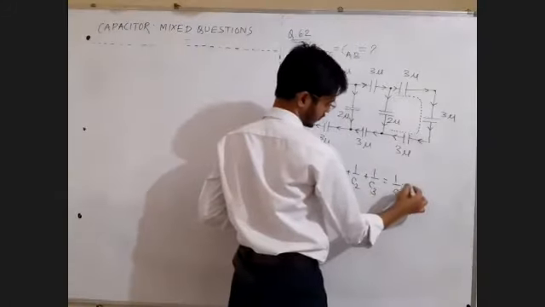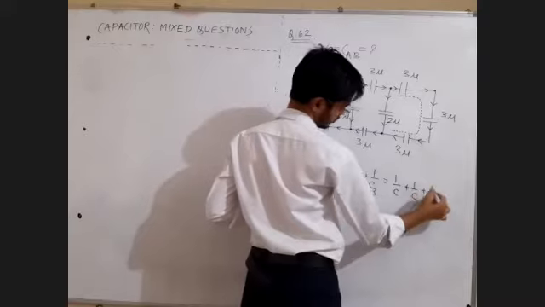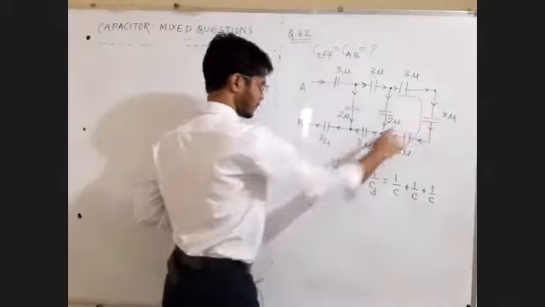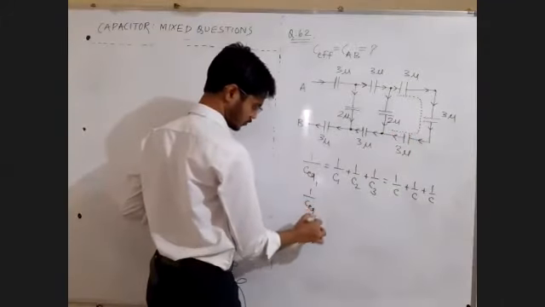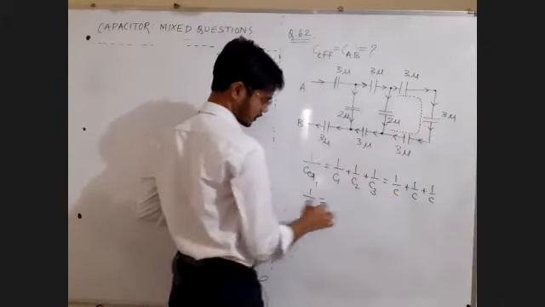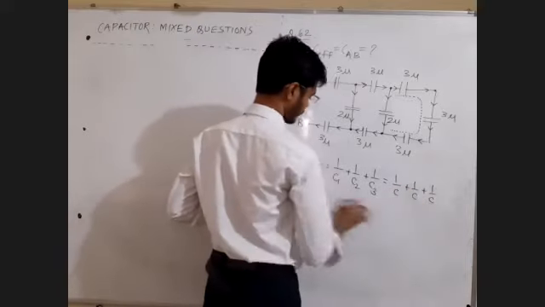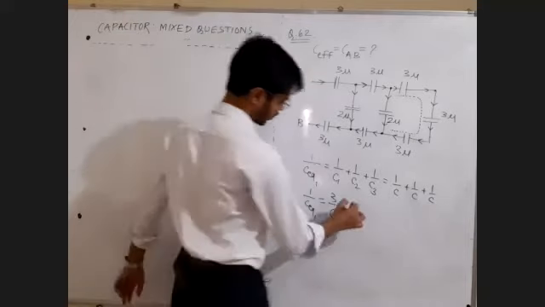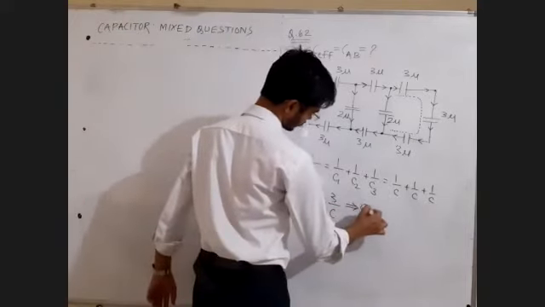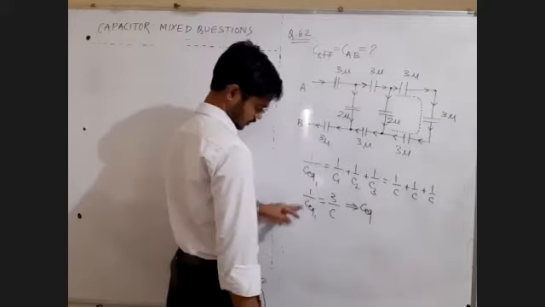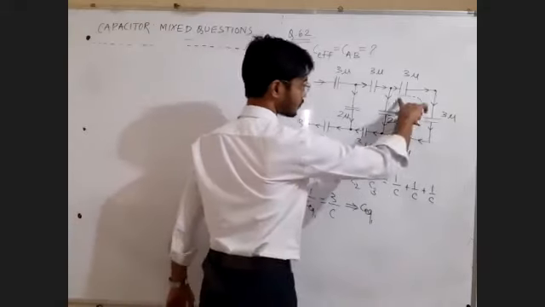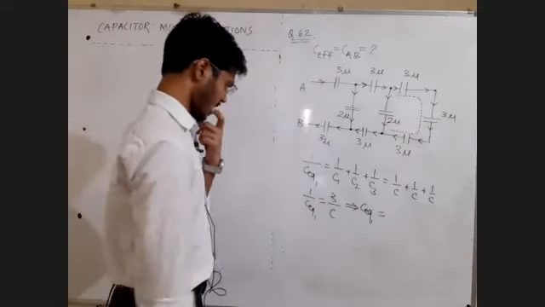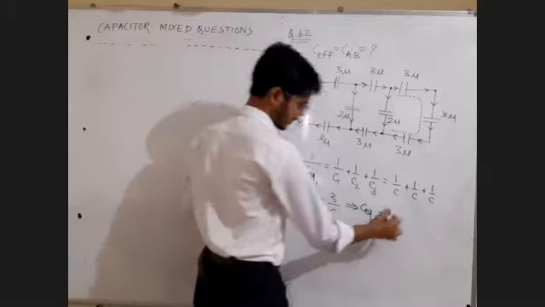Let us call it C. So for the first series branch, 1 upon equivalent capacitance is equal to 1 by C plus 1 by C plus 1 by C, which is 3 by C. Taking reciprocals on both sides, C equivalent for the first series combination is C upon 3.